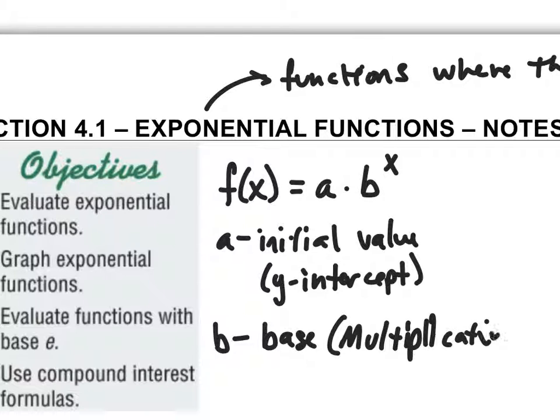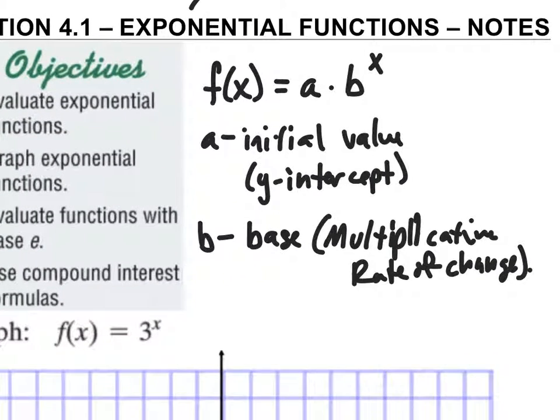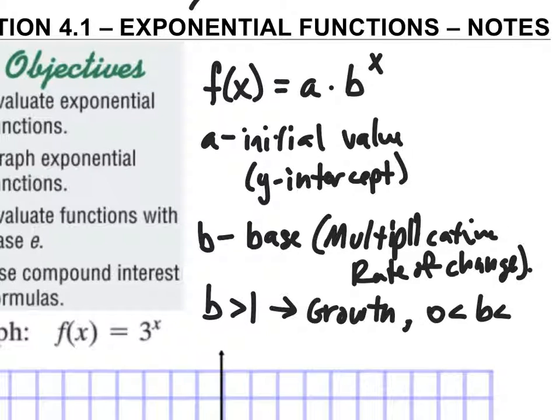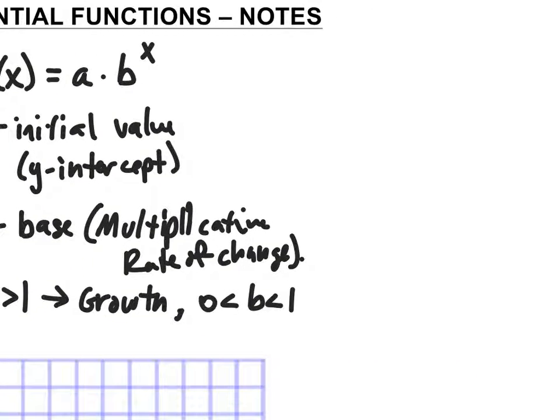If your base b is greater than 1, you have exponential growth. But if b is between 0 and 1, so 0 less than b less than 1, we're going to have decay, all right?